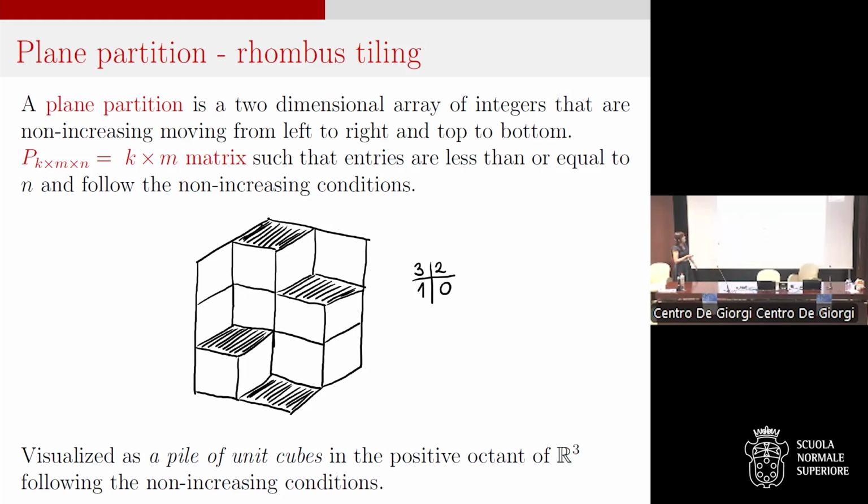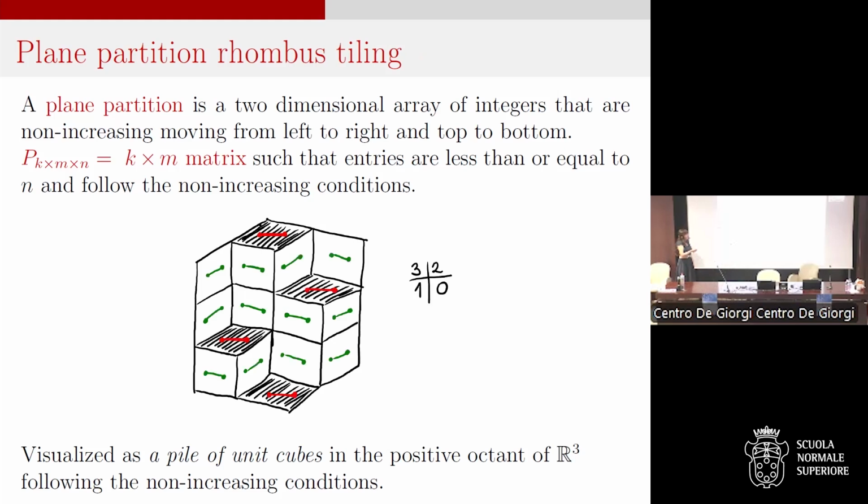Okay, so in general, if I have a plane partition with more entries, that's always some k times n matrix whose entries go up to this n. So you can imagine a bigger thing, just the picture is not so simple to draw now. So why am I talking about this? Okay, now look at these edges.